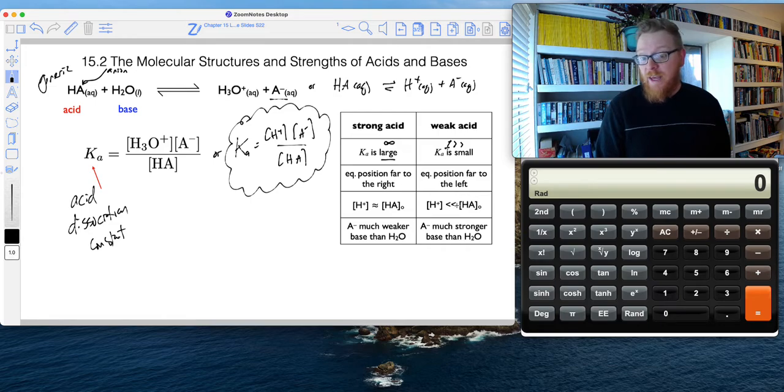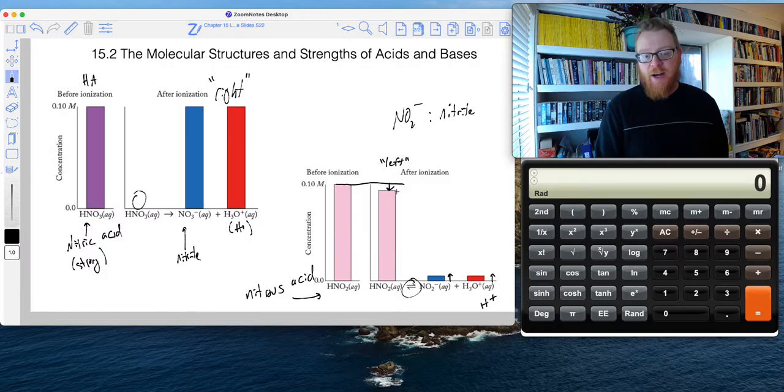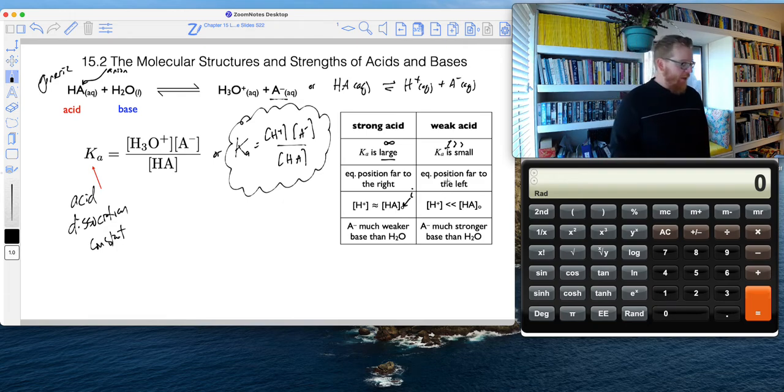However, over here in the weak acid, the H plus concentration is much, much less than the initial HA. So remember, that little circle there means initial. So I'll just put an I for initial. Okay. And once again, we can see that in this graph right here. So you can see the H plus concentration is much, much smaller than the initial HA concentration. And that's just another way of saying the equilibrium position is on the left.